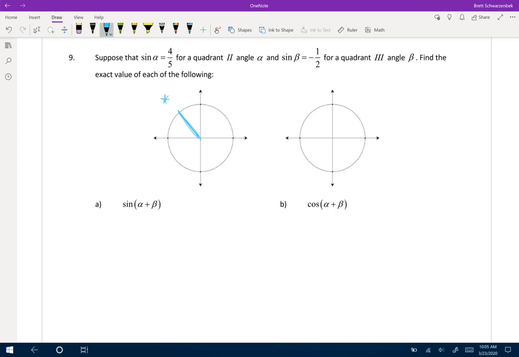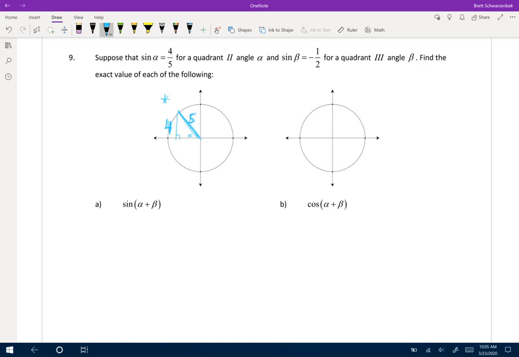Okay, so the only thing we need to do here is draw a reference triangle with a reference angle. This reference angle will basically be alpha for the sake of what we're doing here. So if we do opposite 4 over hypotenuse 5, then we're going to get this as the setup. So the question is what is the remaining side on the bottom?